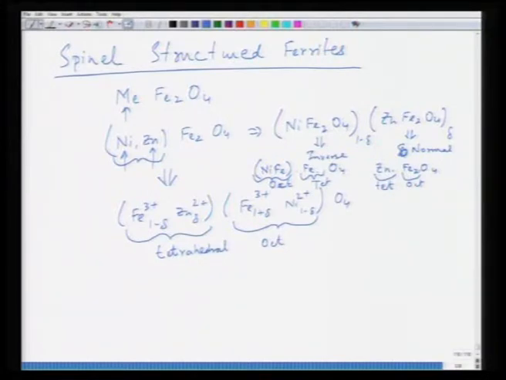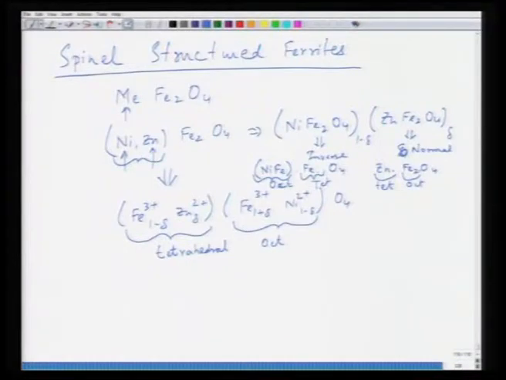Now, the beauty is that it is fairly straightforward to calculate the net magnetization. You just have to use the values of iron, nickel and zinc and multiply them by 1 minus delta and 1 plus delta, wherever applicable.